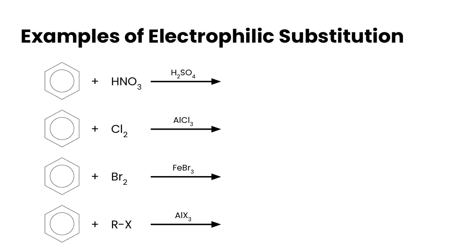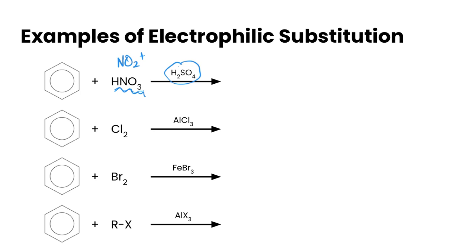Now, I think the hardest part here is knowing what the electrophile is going to be in each of these different scenarios. So starting off with the first one, benzene, if we react it with nitric acid and a catalyst of sulfuric acid, the reaction and the mechanism that happens in this first step, which we don't need to know, but essentially it's going to generate an electrophile that's NO2+.